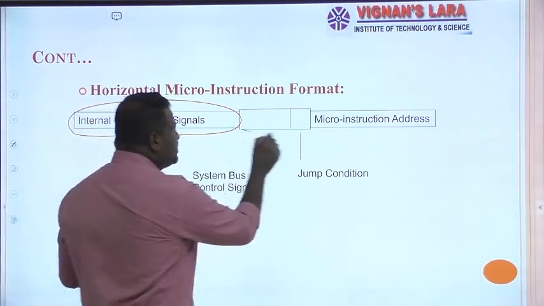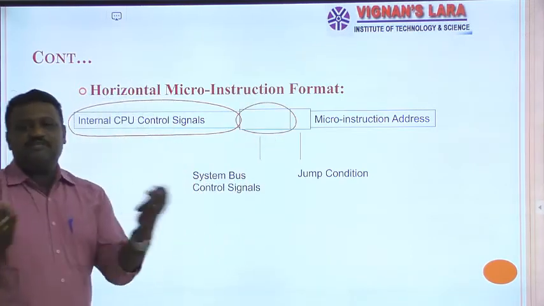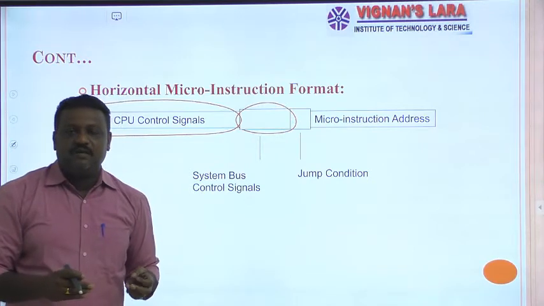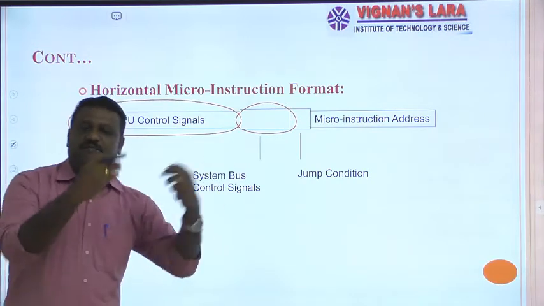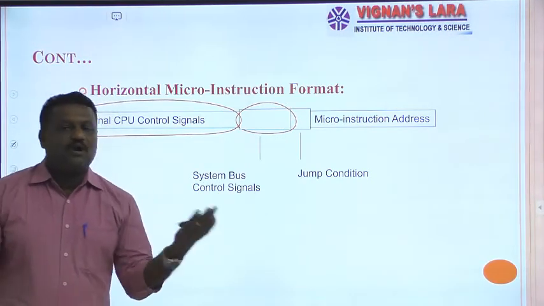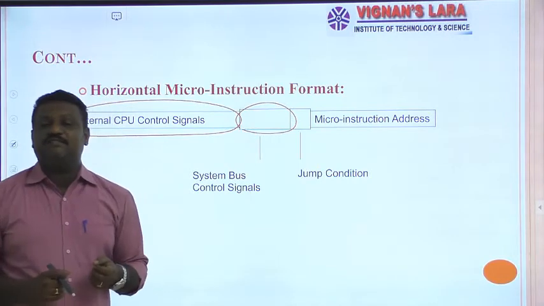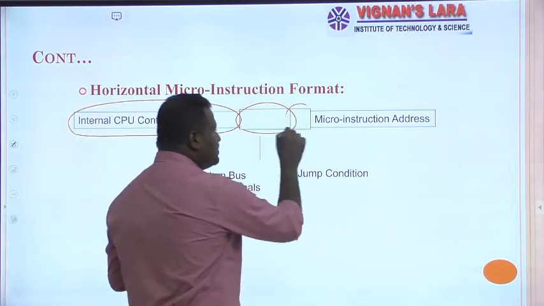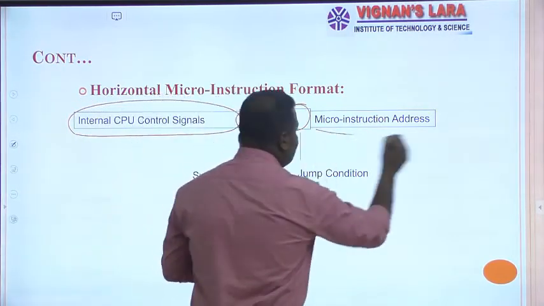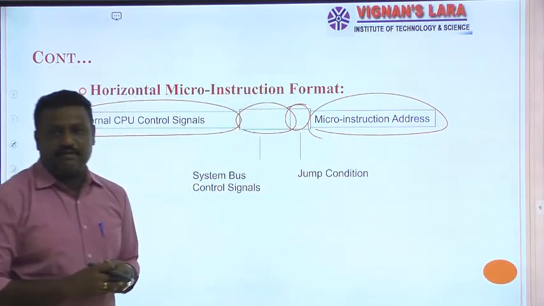And this set of bits is helpful to give signals to the external world. That means with this set of bits, I can communicate with the external memory or with IO devices. And as usual, I have a jump condition and a next micro instruction address.